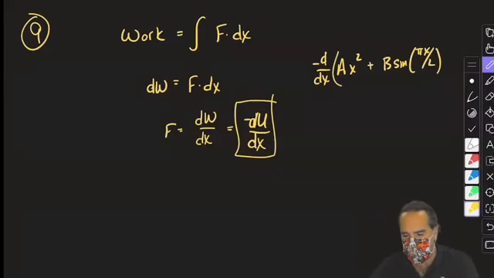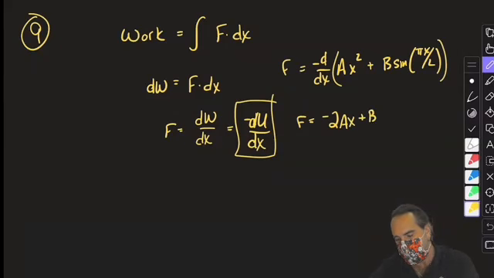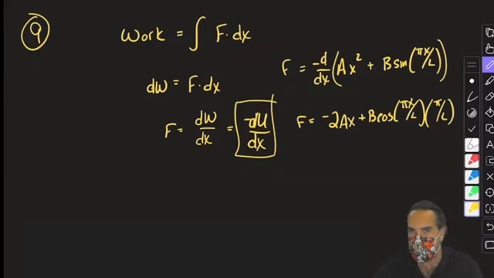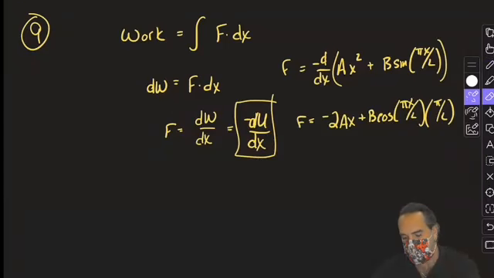And then we're going to calculate this to get what the force is. So the force is going to be an expression of negative 2ax plus b cosine pi x over L times pi over L. Don't forget the chain rule. It should be negative b cosine, etc. Thank you.